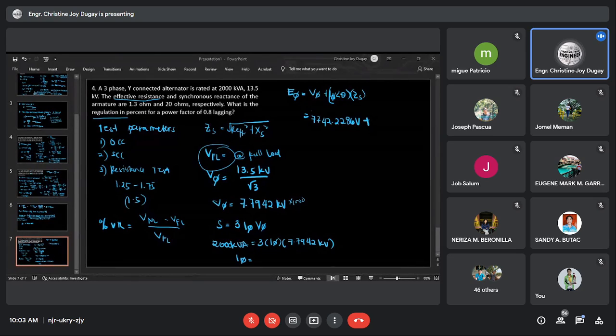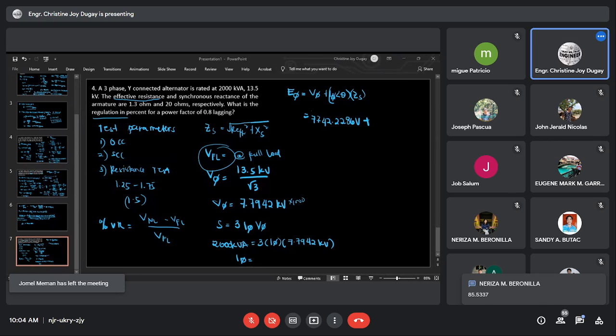If ever hindi naka-kVA yung isa or nakakilo yung isa, i-convert nyo siya into the same prefixes. Kung nakakilo, kung naka-mega, kung naka-giga, or naka-volts lang siya, yun ang mga susundan ninyong unit, no? Kasi may mga iba pa na medyo nalilito sa mga units na ganyan. So please be aware of that, no?